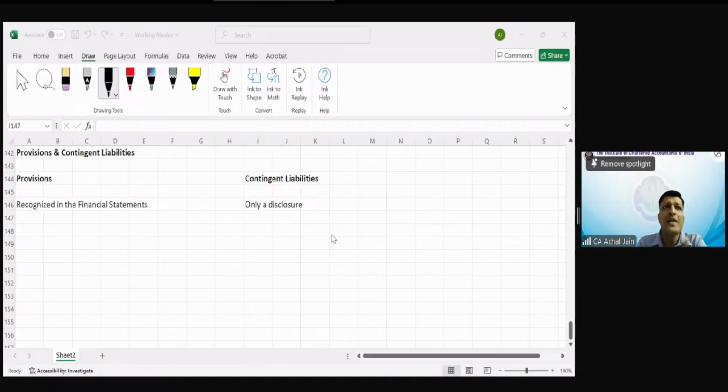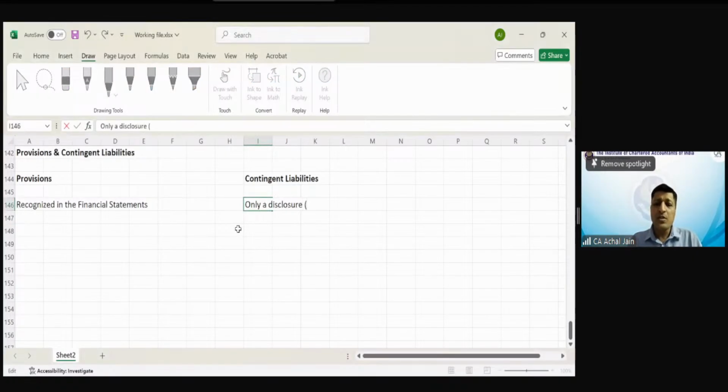You will not be passing any accounting entry for the same. From the perspective of the management, it will only be a disclosure which will appear in the notes to accounts. So it's only a disclosure.